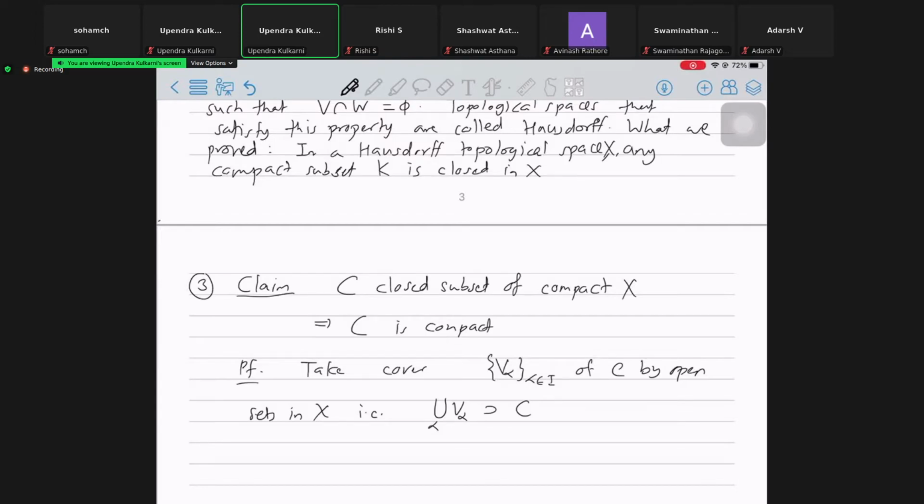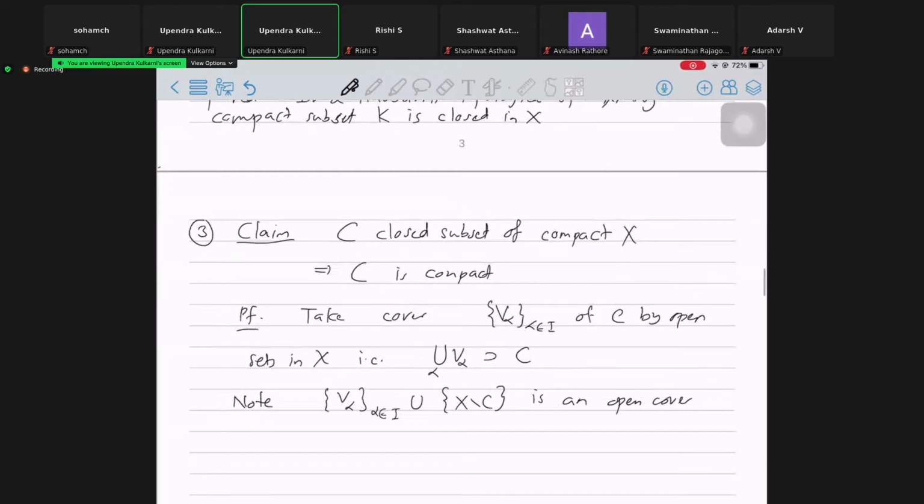So what do I do? I want to use compactness of X. That means I should have some cover of X. Note that, take V alpha for alpha in I, union X minus C. So as simple as that.